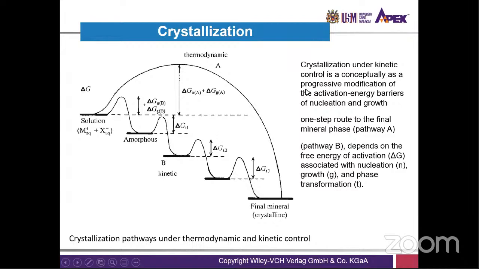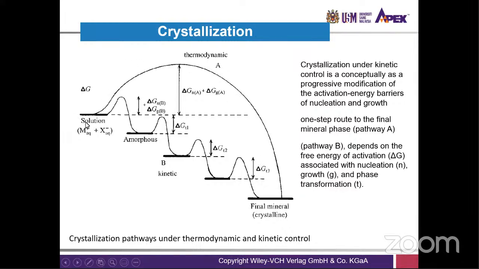Crystallization is actually kinetic control, a conceptual progressive modification of the activation energy barrier of nucleation and growth, before you can produce the final mineral product. Pathway A is a one-step route to the final mineral phase.